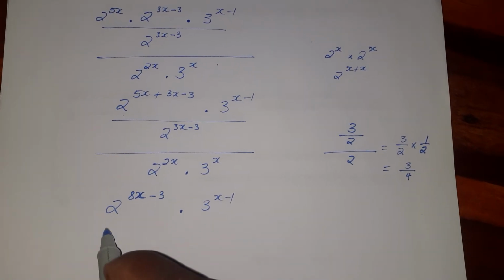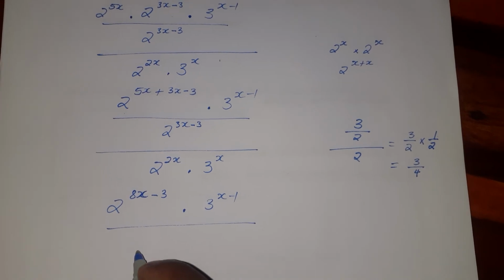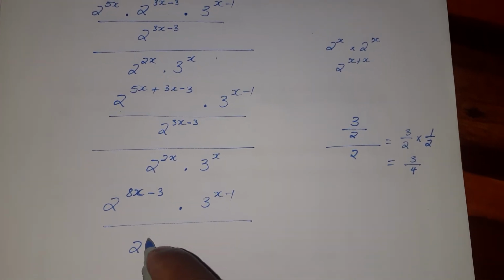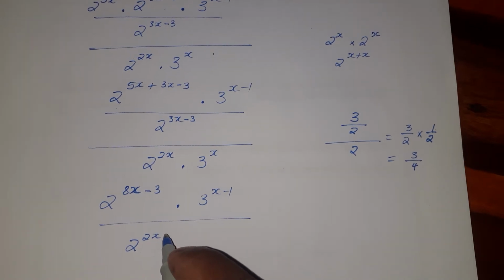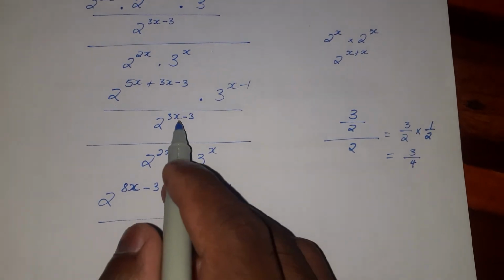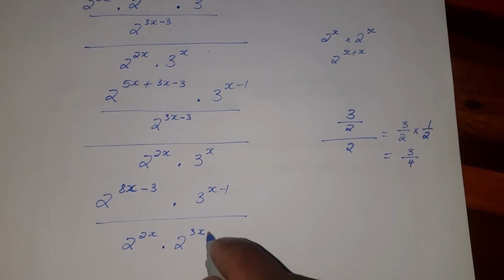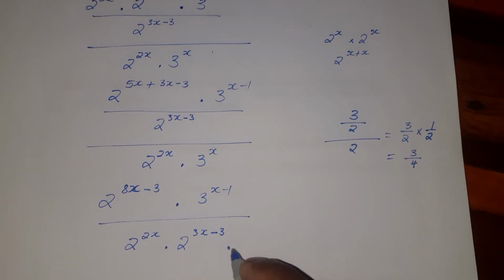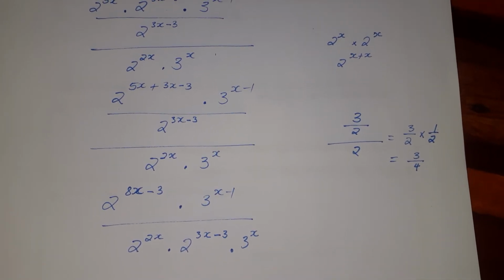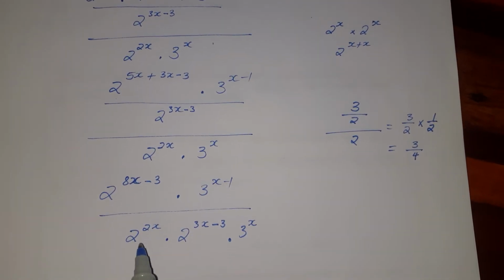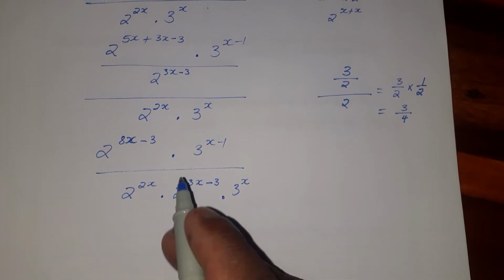So we are now going to divide this by this times that. Then you are now going to have 2 to the power 2x multiplied by 3 to the power x.